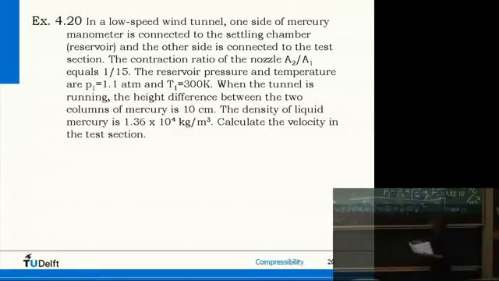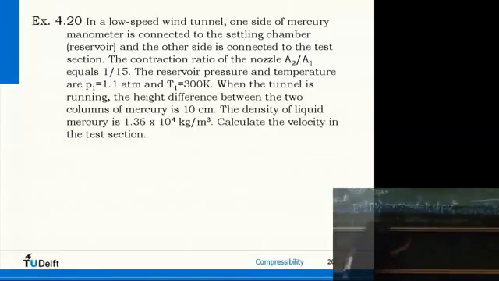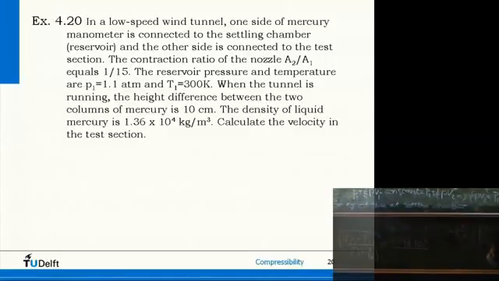Okay, so then we have the 1.33 times 10 to the power 4, that's here, the pressure difference, times 2 divided by the density. We didn't compute the density yet, so let's do the density from the equation of state. So rho is P over RT.